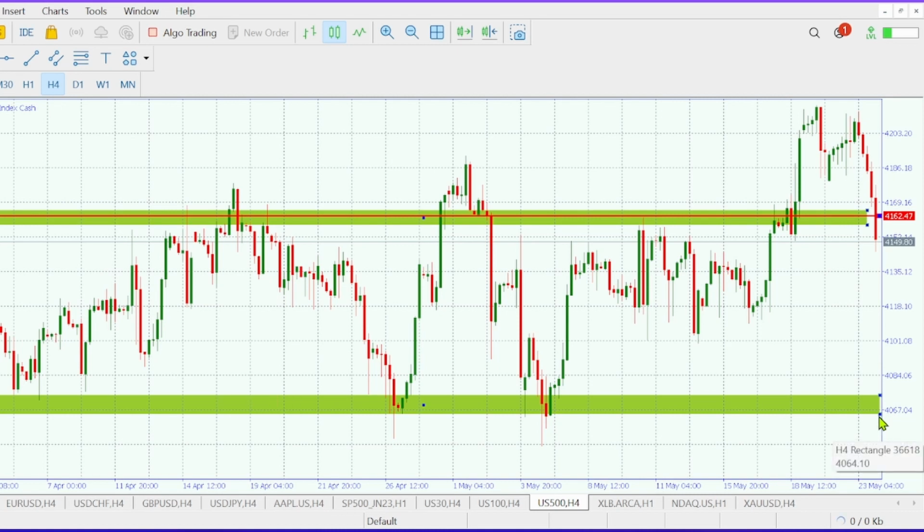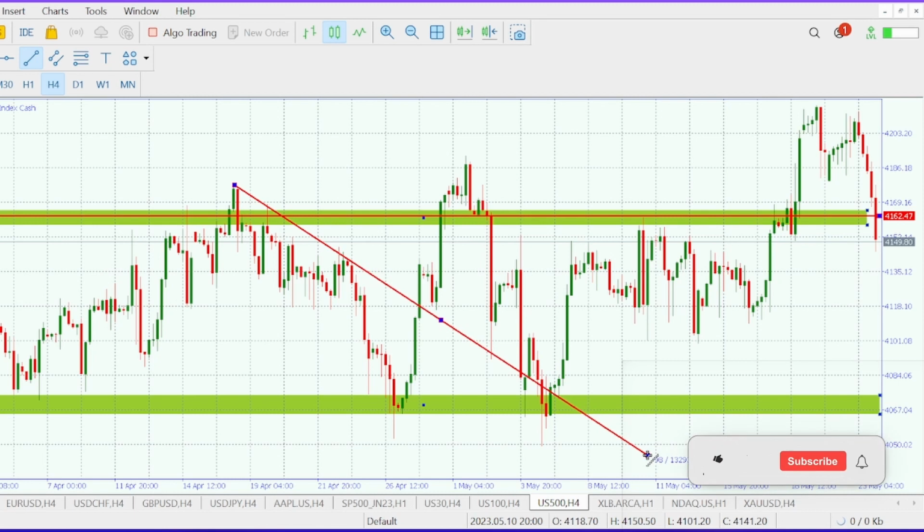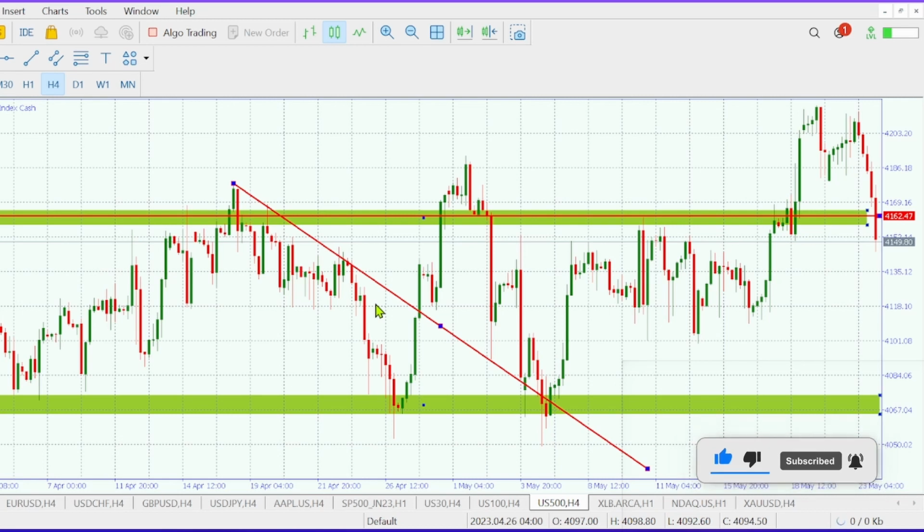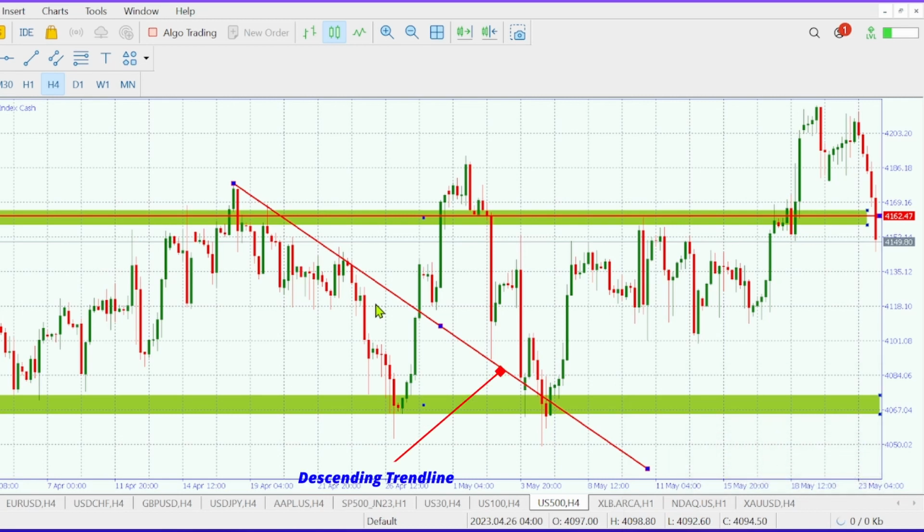Now let's draw an ascending trend line, a descending trend line. Now let's add the RSI indicator.